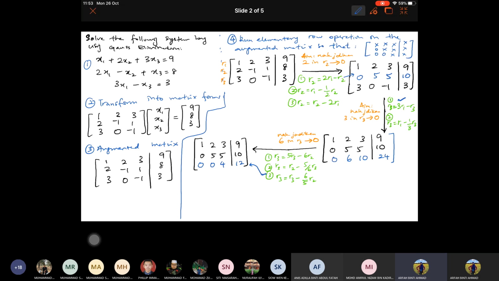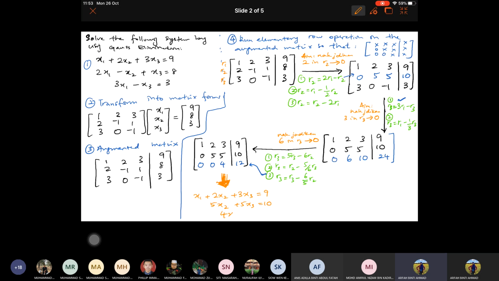If we write this in equation form, this matrix is actually X1 plus 2 X2 plus 3 X3 equals 9. Okay, 5 X2 plus 5 X3 equals 10.